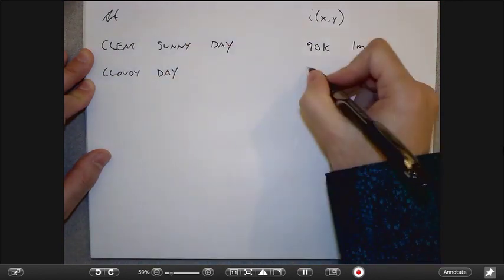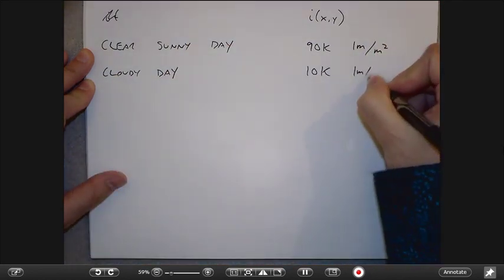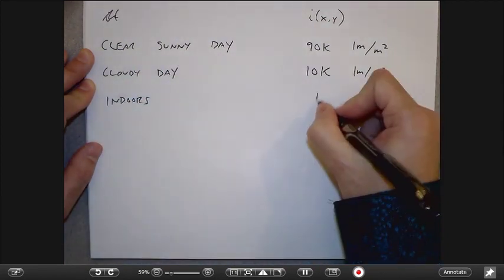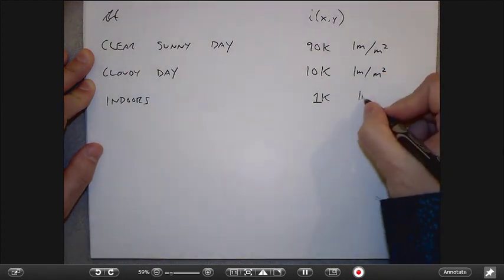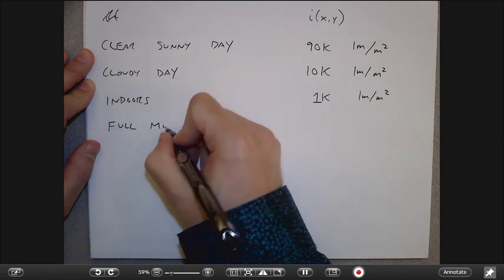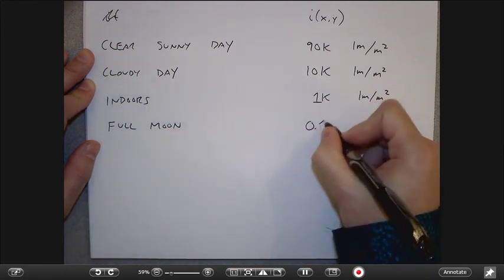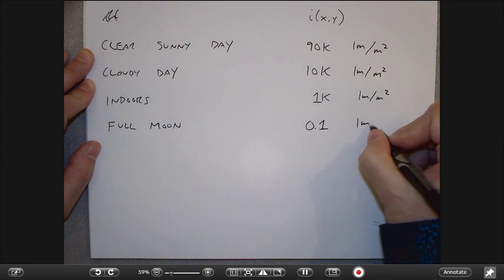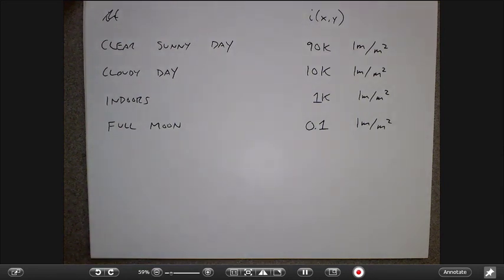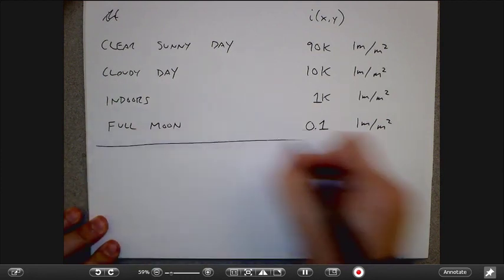A cloudy day is a little bit dimmer, about 10 times less. Indoors is another order of magnitude less. And about as dark as you could imagine seeing stuff, like the full moon, is another couple of orders of magnitude lower. So in our natural world, we range between 90K in the brightest possible situation to the full moon, which is about 100 lumens per meter squared.